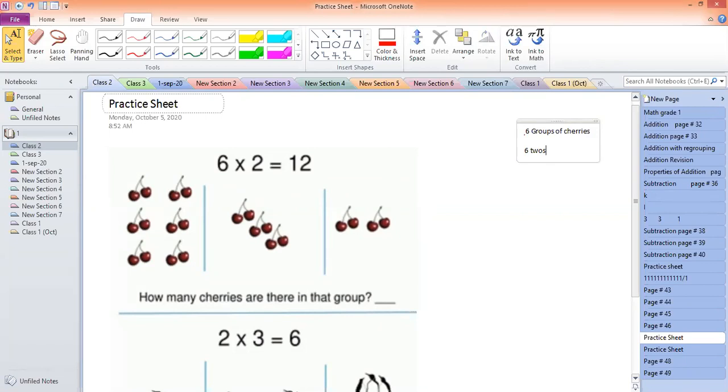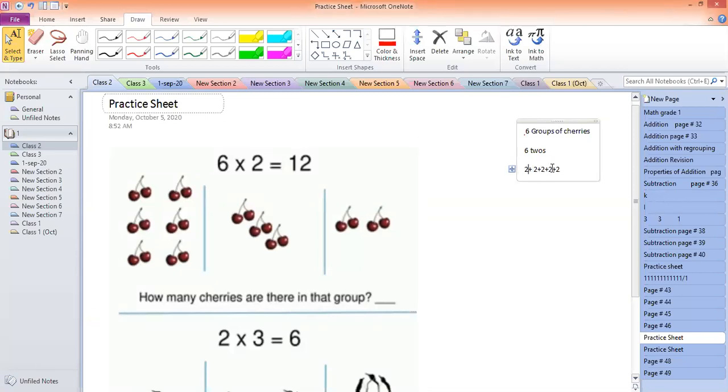If I want to find out how many total cherries are there, what will I do? One option is I can add 2 six times. I will write 2 plus 2 plus 2 plus 2 plus 2 plus 2.